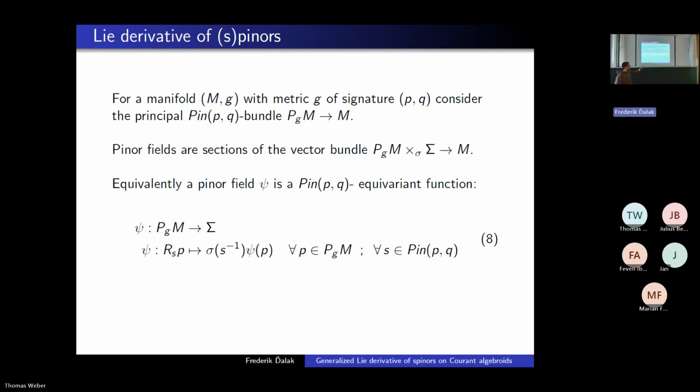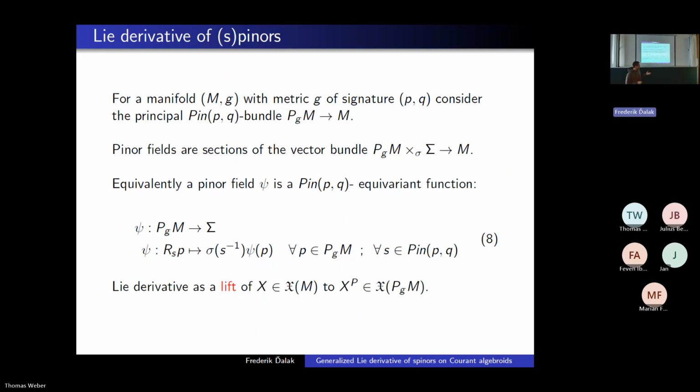Where then, of course, the derived action of the pin group in the fibers of the pin bundle corresponds to the change of components via the spinor representation of the pin group. So that's just an analogical case to the case of tensor fields.